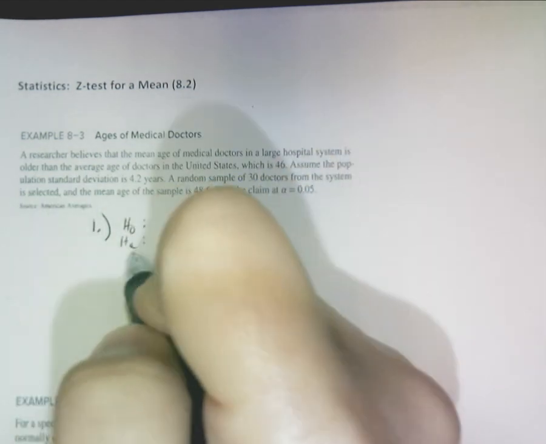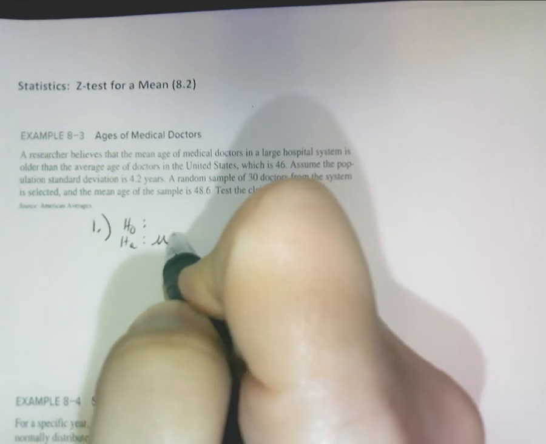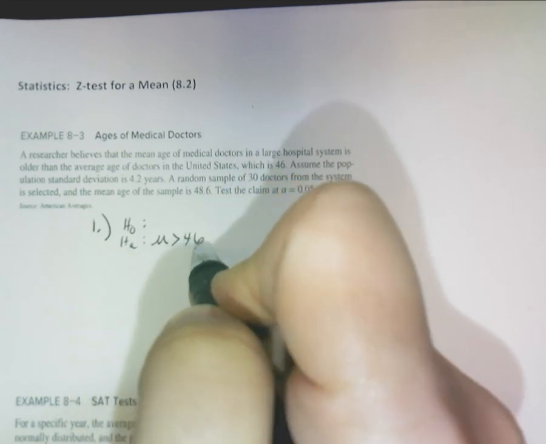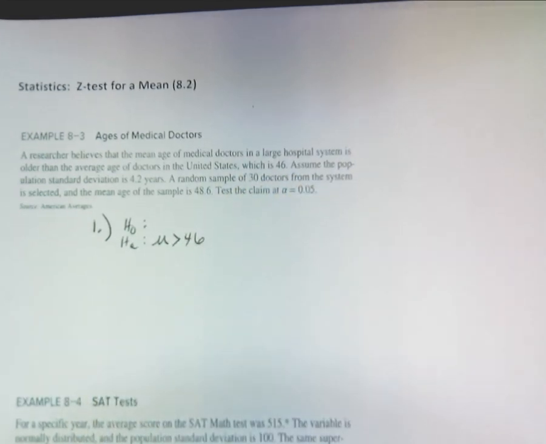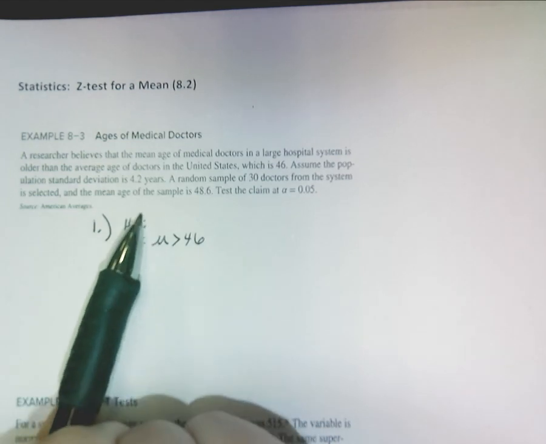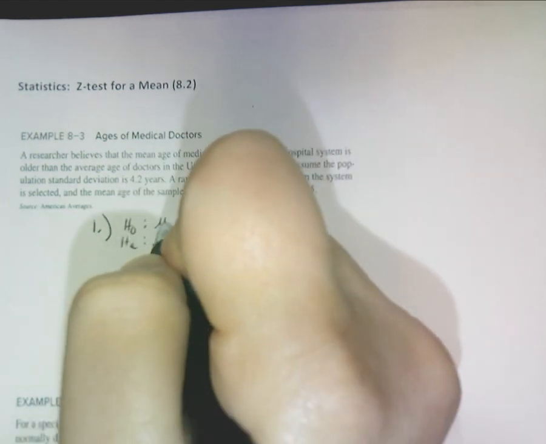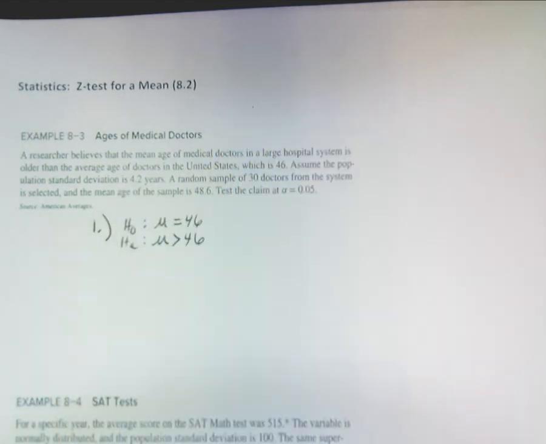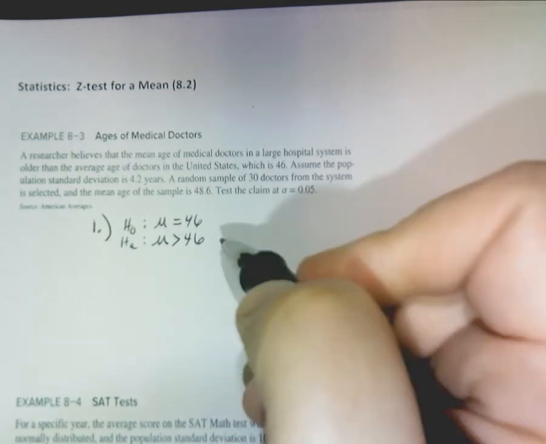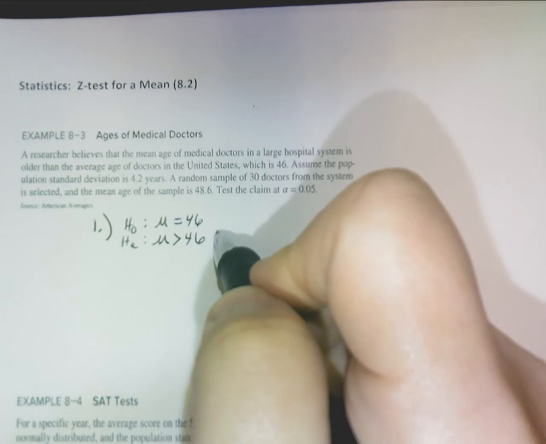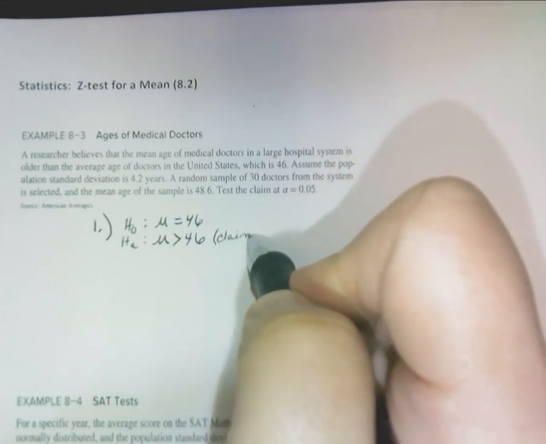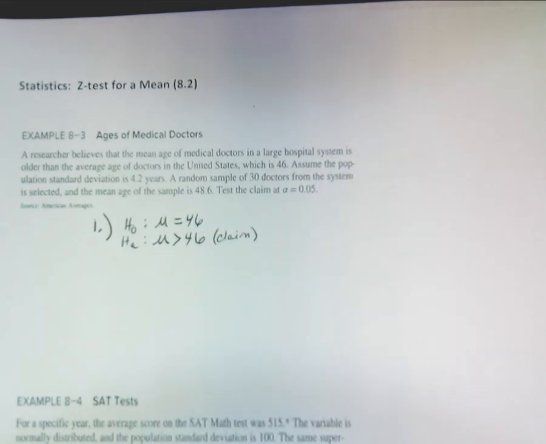So for HA, you would put mu is greater than 46. Then what would our H0 be? Well, this is always an equal sign. We're going to leave it at mu equals 46. So that's step number 1. You state your H0 and HA, and then you can even put claim right here next to your HA.